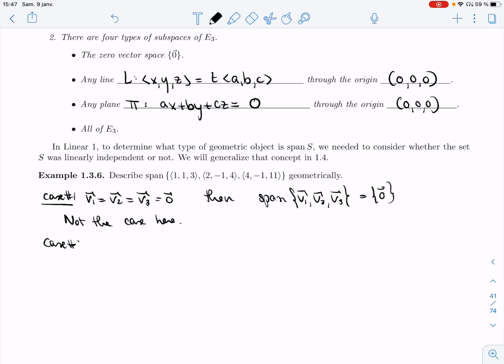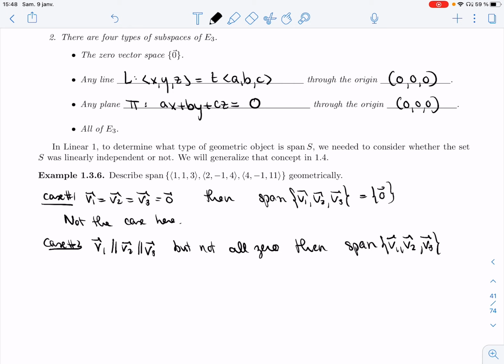Case number 2, if all the vectors are parallel, but not all zero, then the span is going to be a line. Well, not the case here since (1, 1, 3) isn't parallel to (2, -1, 4).